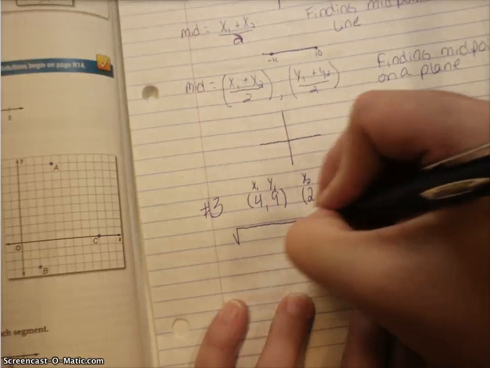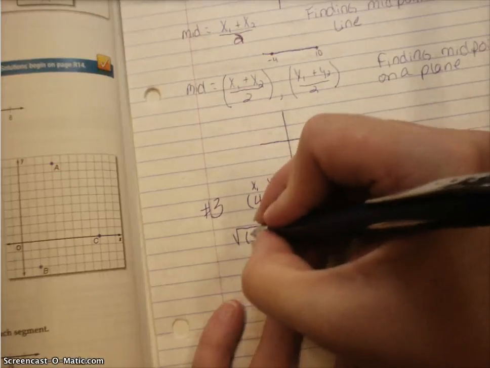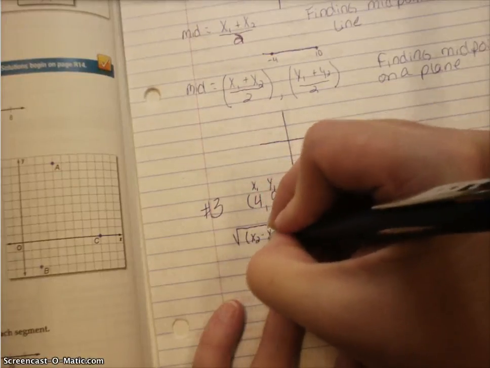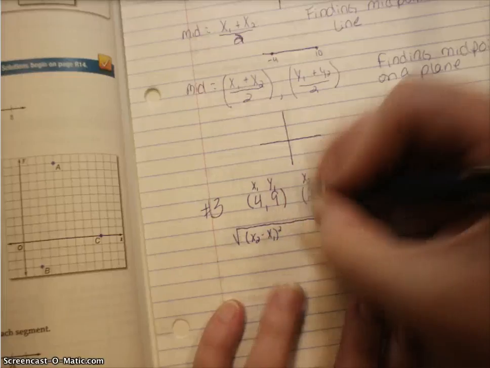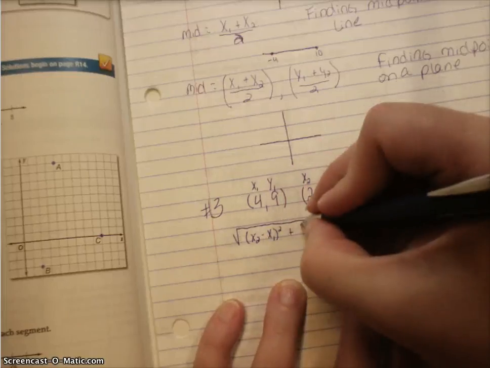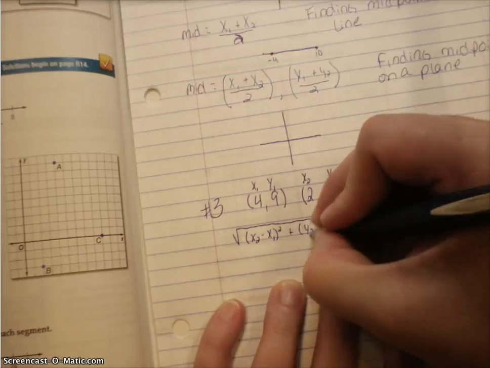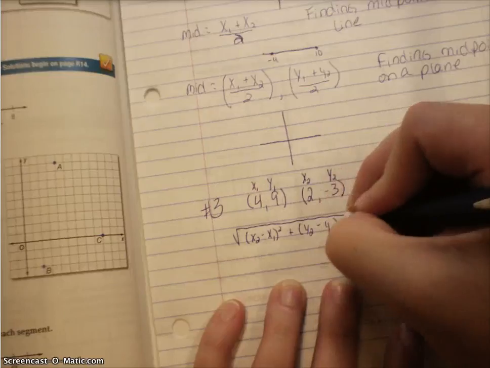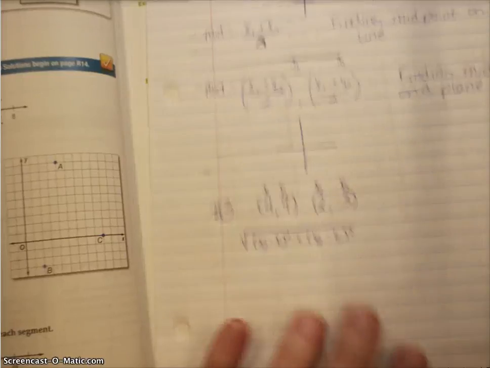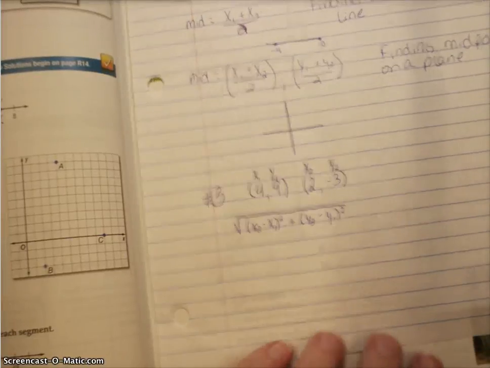Then we have our formula, right? x2 minus x1 squared plus y2 minus y1 squared, all under the square root.